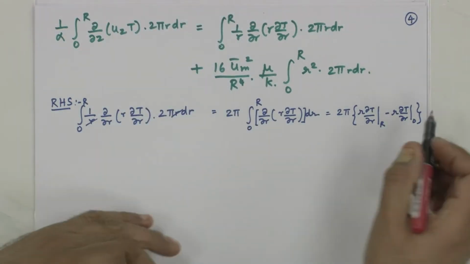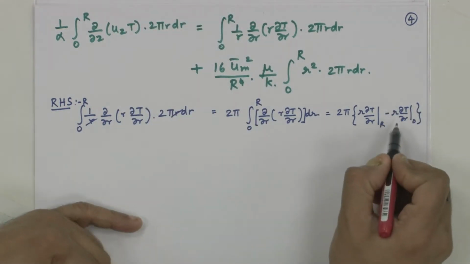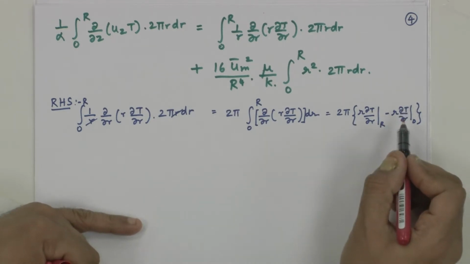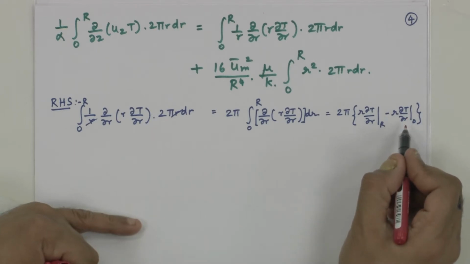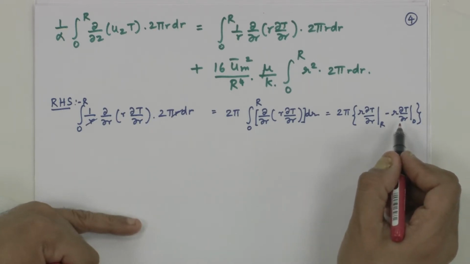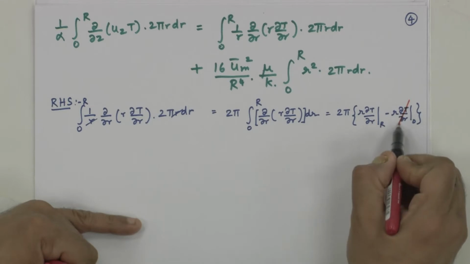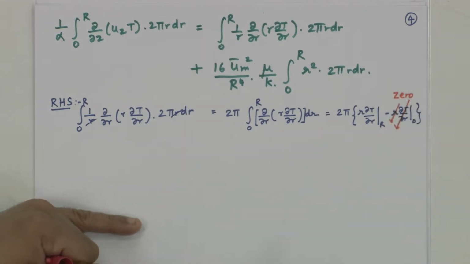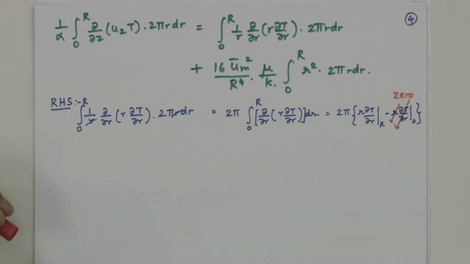Now, when you substitute r equal to 0, automatically this term goes to 0. Otherwise also, dT by dr at r equal to 0, which represents the location of maxima or minima, would make this 0. So, both these are 0. So, this term is identically equal to 0.